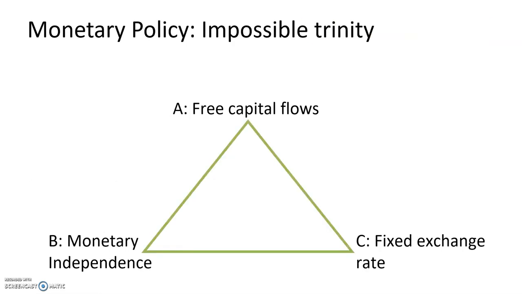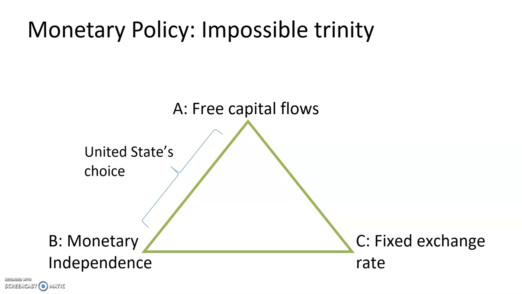Monetary policy. When looking at the monetary policy, there are three choices: free capital flows, monetary independence, and the fixed exchange rate. South Africa's choice is to go with free capital flows and monetary independence, leaving out fixed exchange rate, since South Africa has a floating exchange rate.